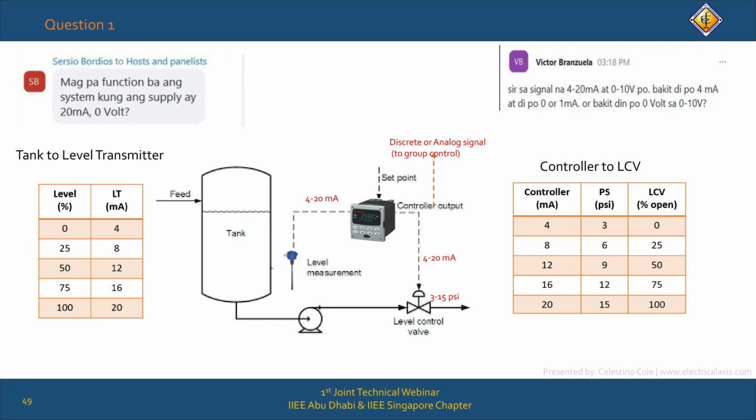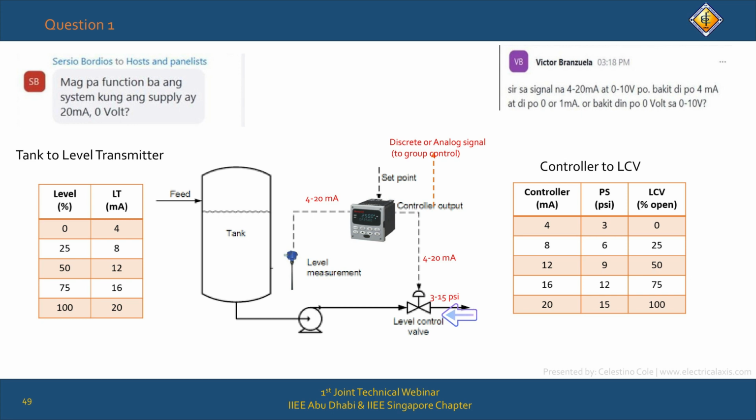And in the output side, the controller also can produce these analog values. I mean the 4 to 20 milliampere or 0 to 10 volts DC. But unlike in the input side, the signal here will be used to run the actuator. In this example, the actuator is a pneumatic level control valve.